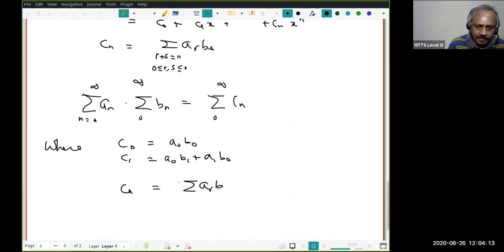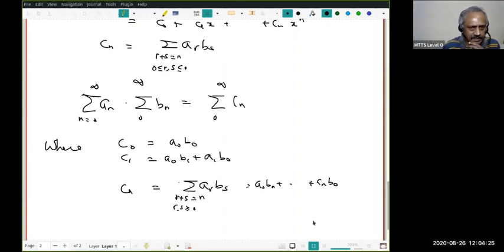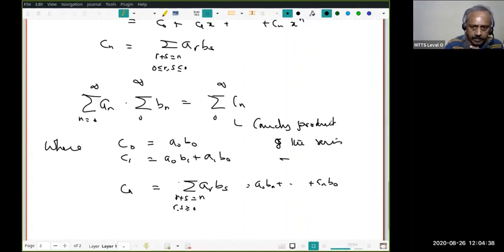The sum of ar bs, r plus s equal to n. Of course, r and s greater than or equal to 0. Of course, you can write it as a naught bn plus ... plus an b naught, as I did earlier. Is that clear? This new series is called the Cauchy product of the two series, summation an and summation bn.